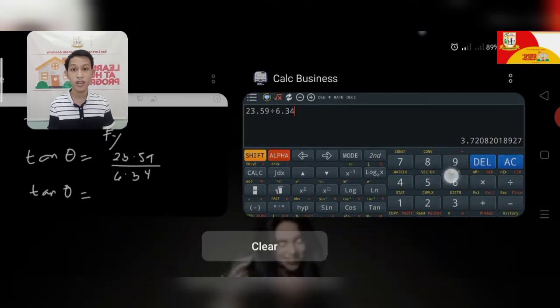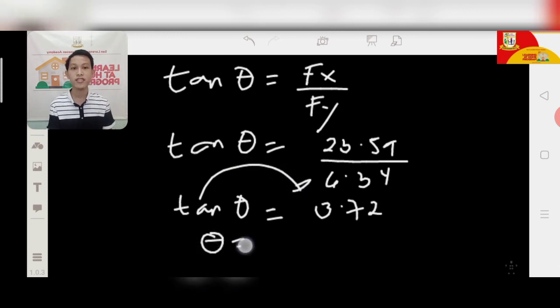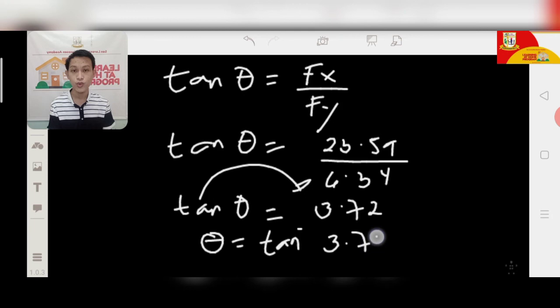Write it on our board: 3.72. Again, transpose the tangent function to the right side of the equation. We will get theta is equal to inverse tangent, or arc tangent, of 3.72.